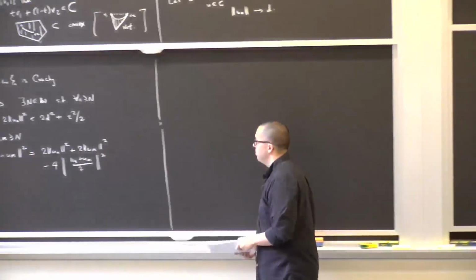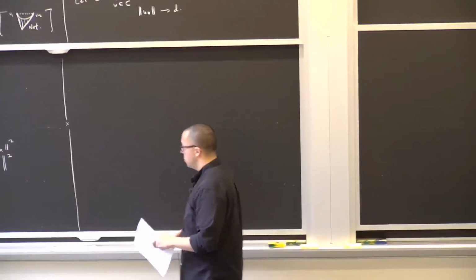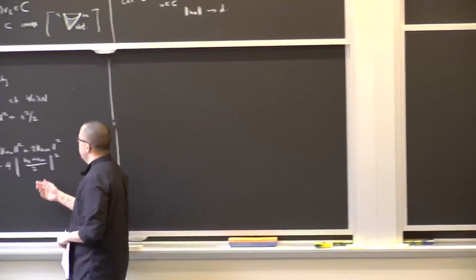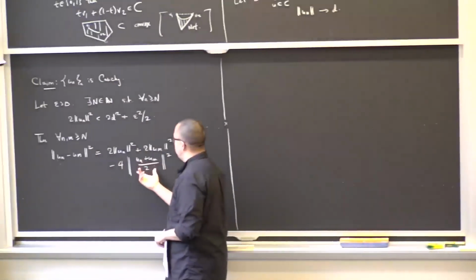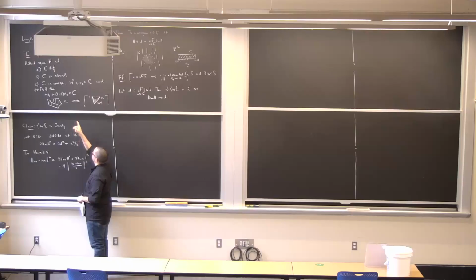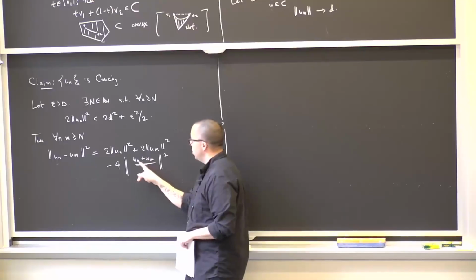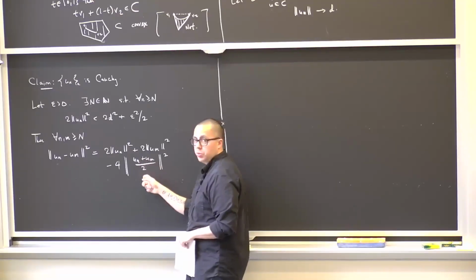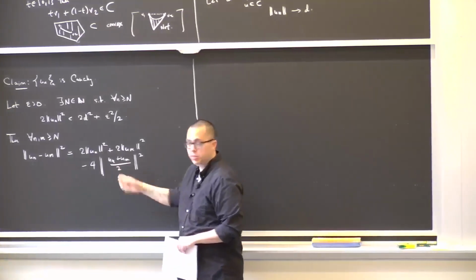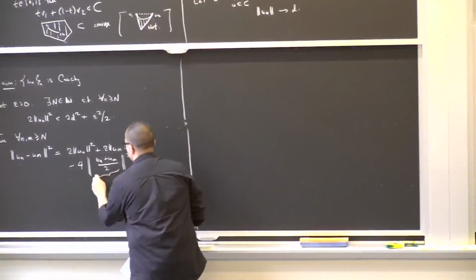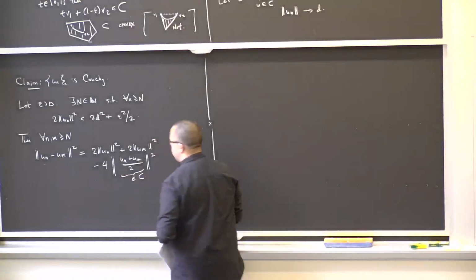Okay? Now, what's the point? Now, (un plus um)/2, that's, if you like, t equals a half in condition C. Since un and um are in C, (un plus um)/2 is in C as well, right? So this thing is in C.